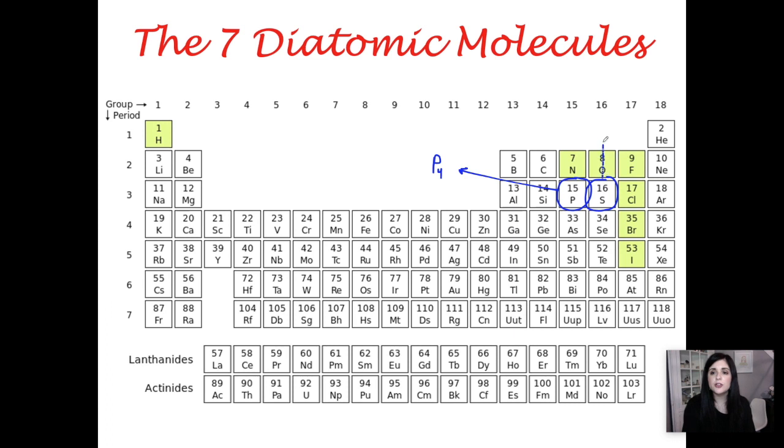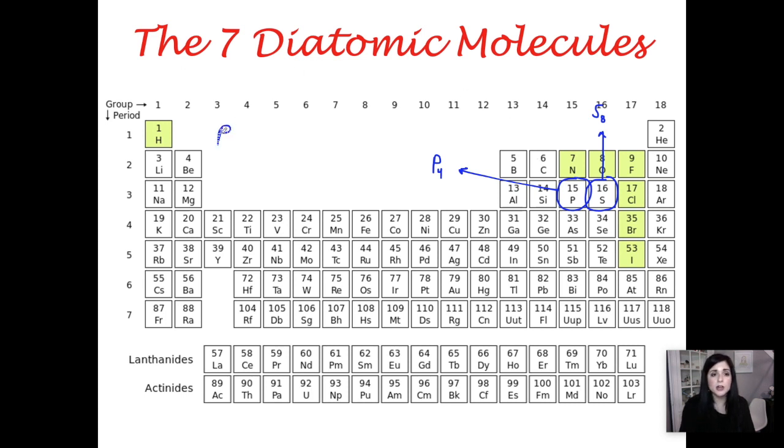Something else you should note is sulfur. Generally speaking, sulfur likes to come in 8. So I always say sulfur's a tribe, right? It doesn't like to live alone. It likes to travel in a group. So other than the phosphorus coming in groups of 4 and your sulfurs coming in groups of 8, you can remember the diatomic molecules by just remembering that they make a 7 in the periodic table.